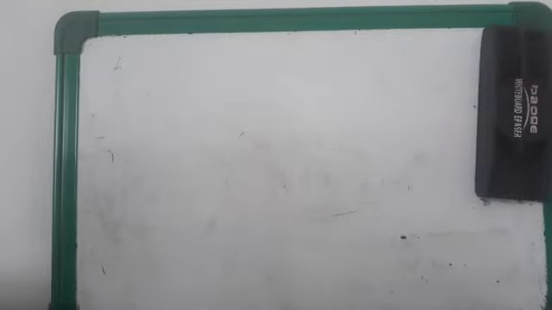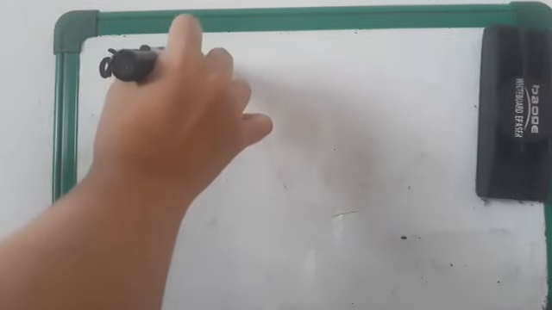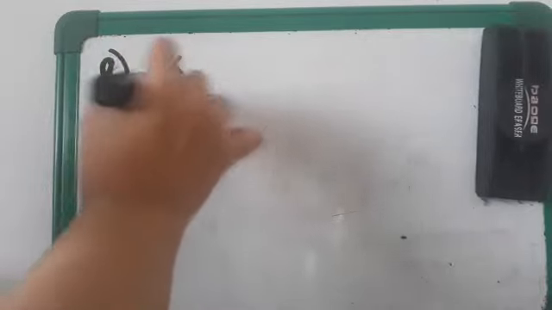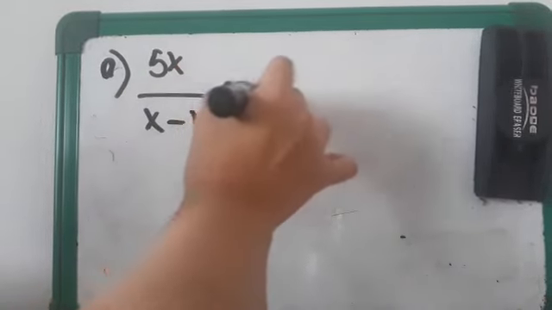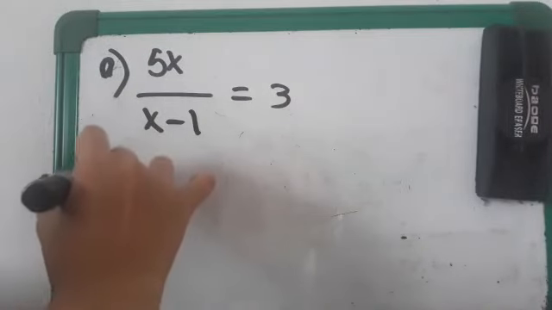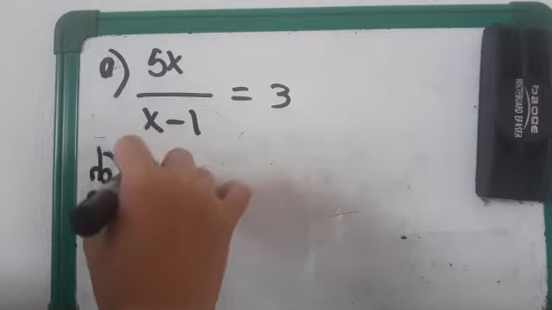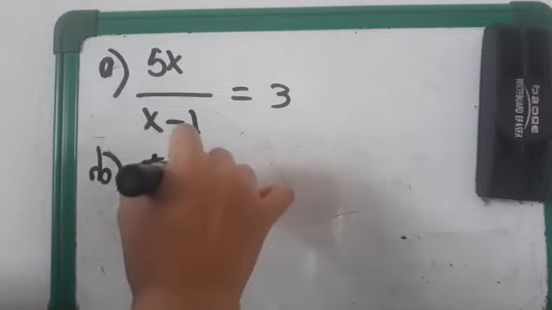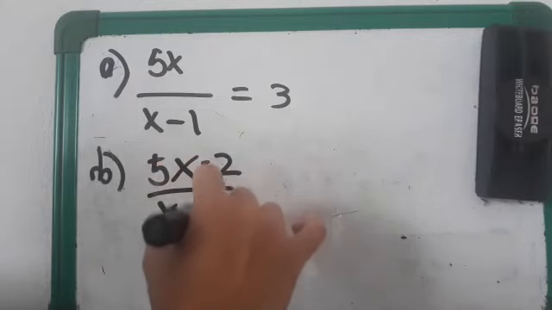Okay. So, ating mga given ay sa letter A is 5x over x minus 1 is equal to 3. Letter B is 5x minus 2 over x minus 1.